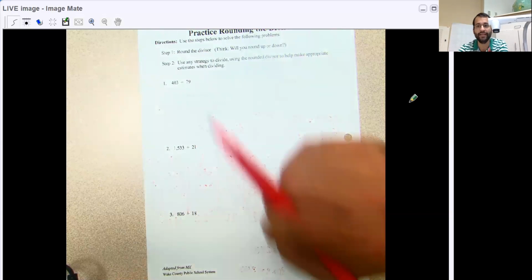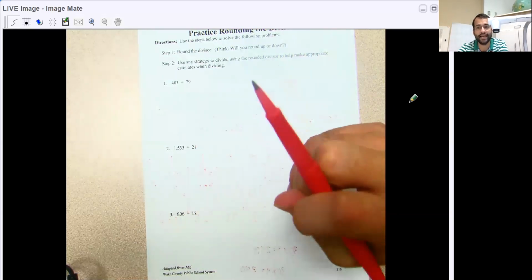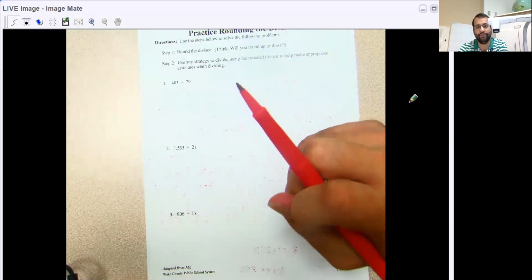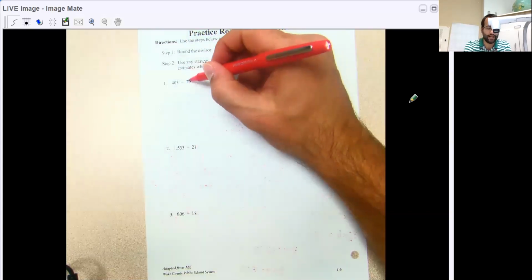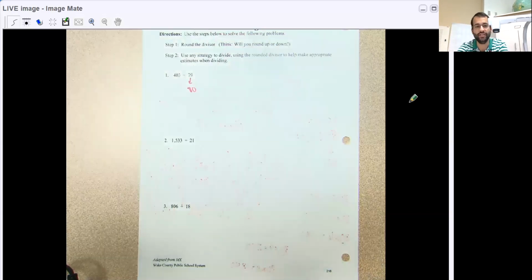It makes it easier to skip count and easier to guess and check when you round it, right? So if I just round this 79 to 80, it's so much easier to multiply by 80 than it is 79. I multiply 2 numbers and then add my 0, okay? So work on rounding your divisor and finding an answer that is close to the actual answer.